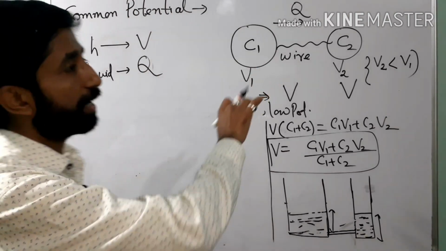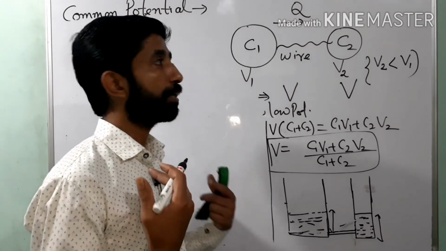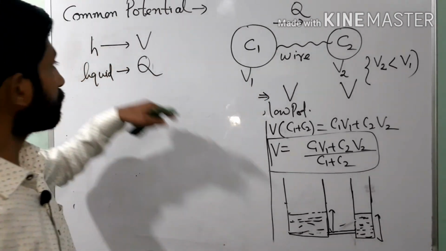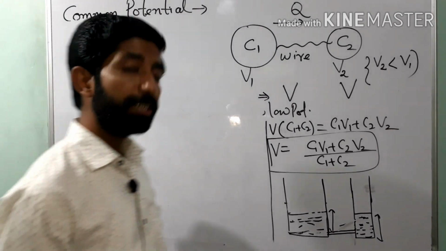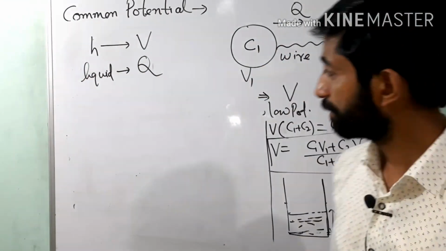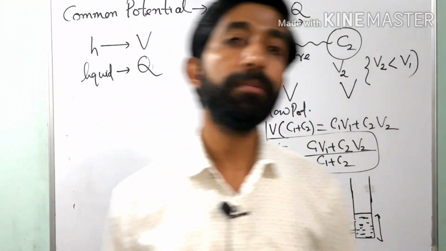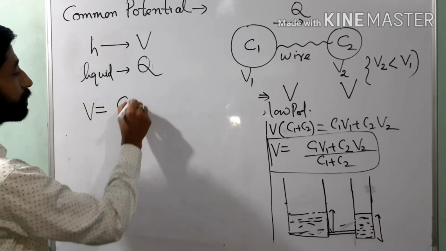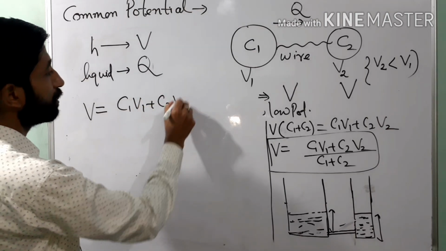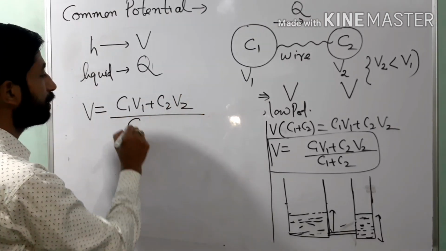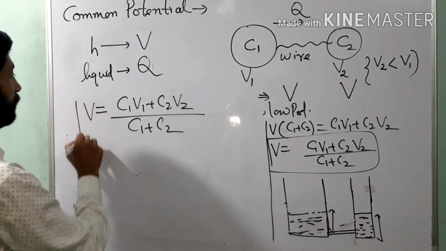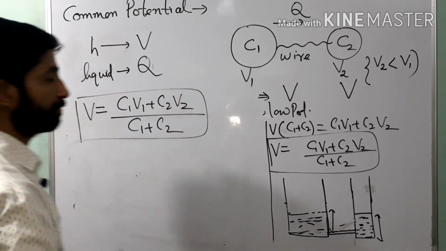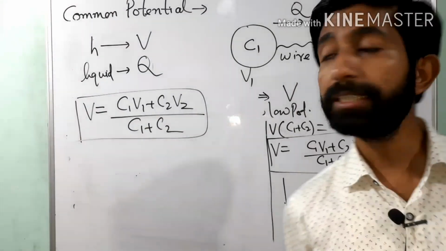So when they are at the common potential, their potentials become equal and the flow simply stops. That is the concept of common potential. So the common potential is equal to (C1V1 plus C2V2) over (C1 plus C2). That's it. Nothing else, very simple.